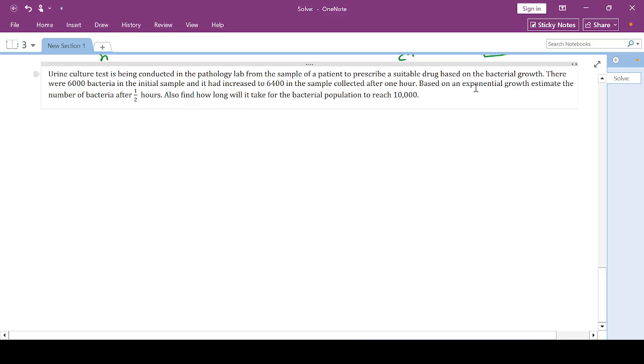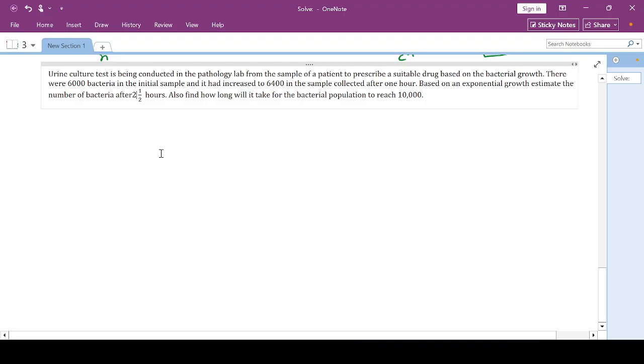Based on an exponential growth, estimate the number of bacteria after 2.5 hours. Also find how long it will take for the bacteria population to reach 10,000.